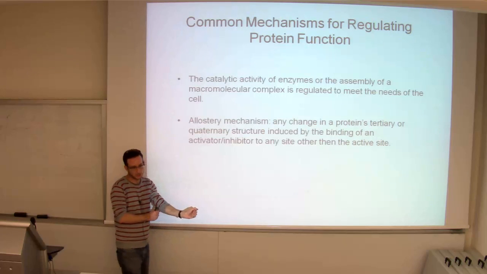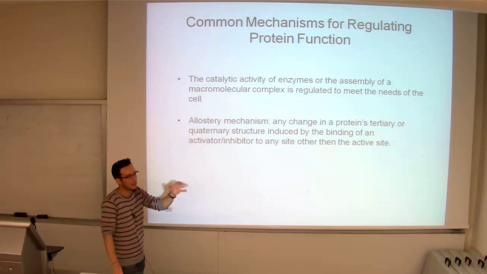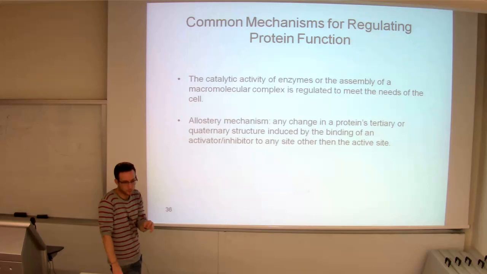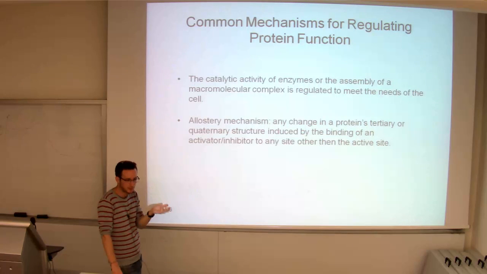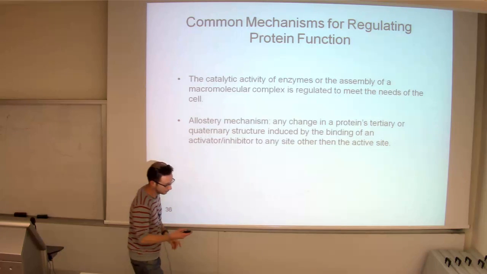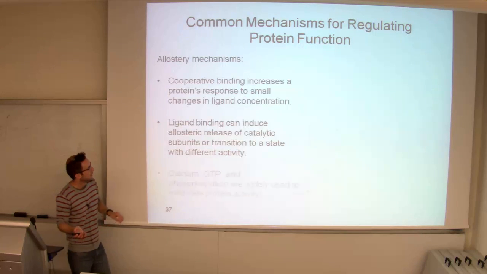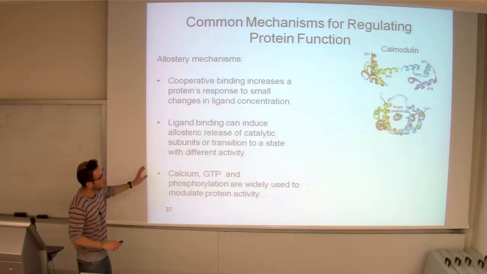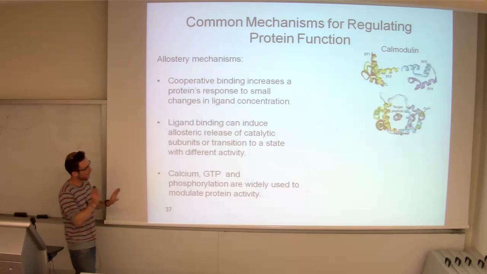Again, the active site means the catalytic and binding site together. Anything that binds there and changes the function of the protein is not an allosteric mechanism. Anything that binds to the protein anywhere other than the active site is an allosteric mechanism, and it happens a lot in proteins. Some examples are phosphorylation and the addition of other chemical groups.